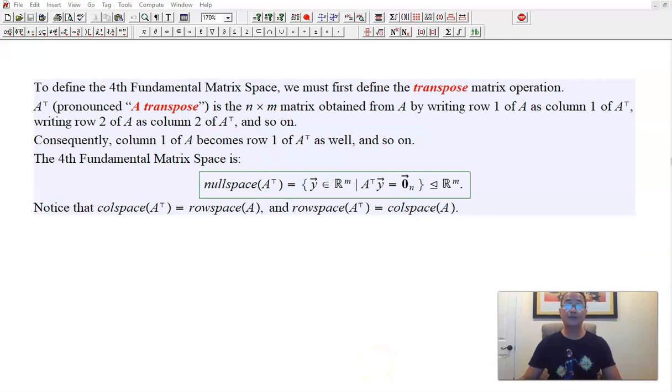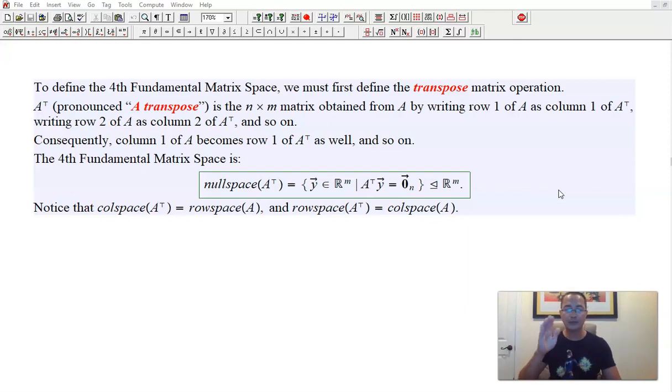Now, to define the 4th fundamental space, it's very easy. There's no math involved. A transpose is the n by m matrix obtained from A by writing row 1 of A as column 1 of A transpose, and then writing row 2 of A as column 2 of A transpose, and so on. Now, when you write a row as a column, that also has the effect of turning a column into a row.